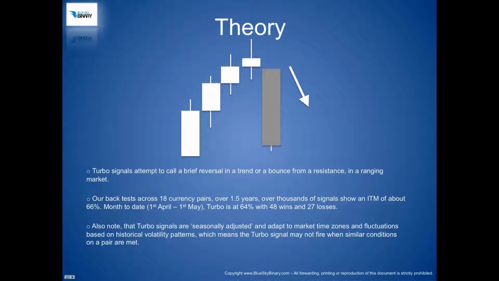Now, our back tests across 18 currency pairs and 2 metals over 1.5 years, over thousands of turbo signals, show an in-the-money rate of about 66%. So 2 of 3 signals tend to win in our back tests. Now remember, back tests are only indicative. Of course, the most important thing is the live and forward test, the actual trading of any strategy.